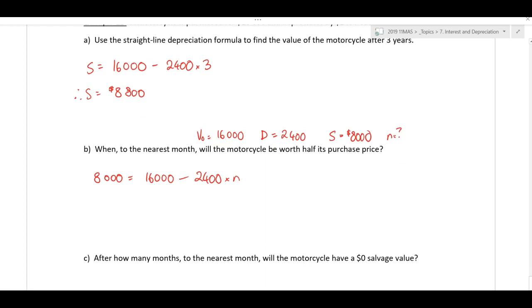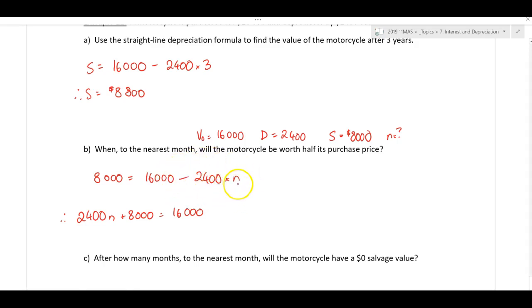So, we're going to do a little bit of algebra here. You know what I'm going to do is actually add 2,400 N to both sides. I get 2,400 N plus 8,000 equals 16,000. You might not always show this much working, but I just want to do it once at least, so you can follow what's going on. So we've added this to both sides.